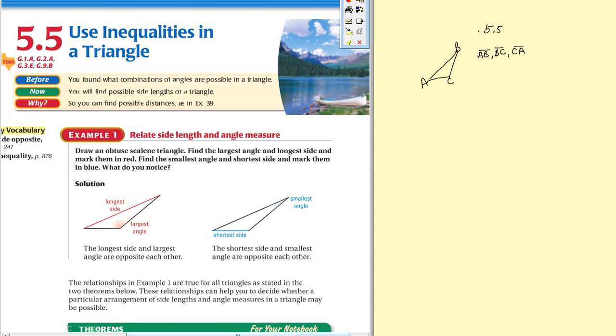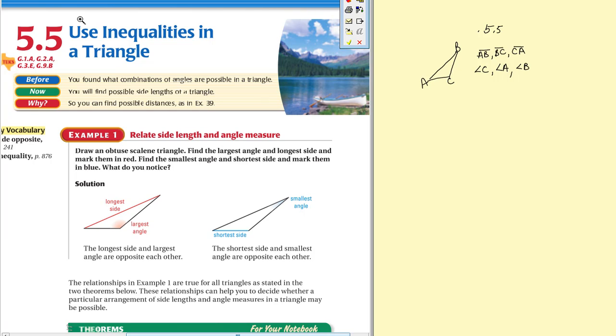So across from A to B is angle C, across from B to C is angle A, and across from C to A is angle B. So we know that the largest angle is C, the medium angle is A, and the smallest angle is B.